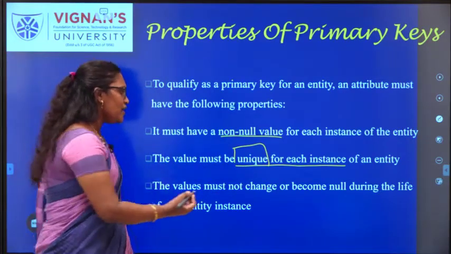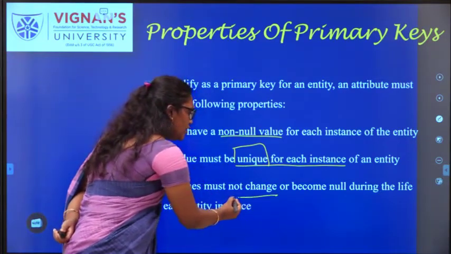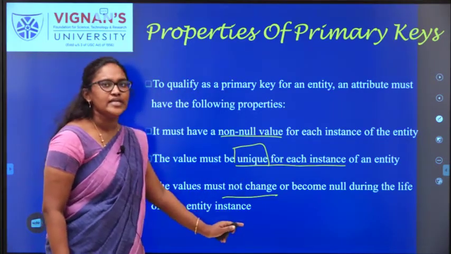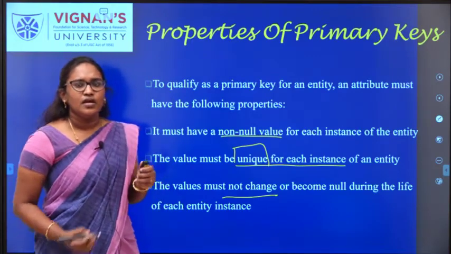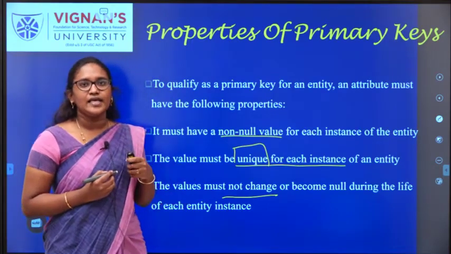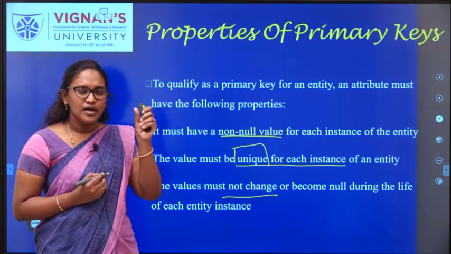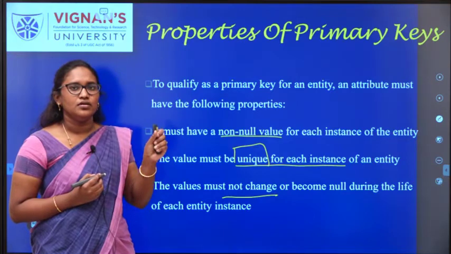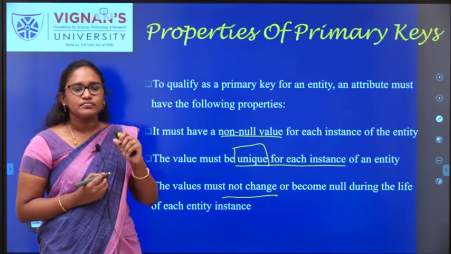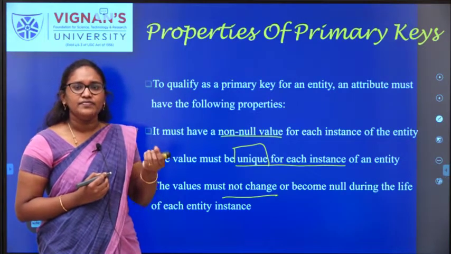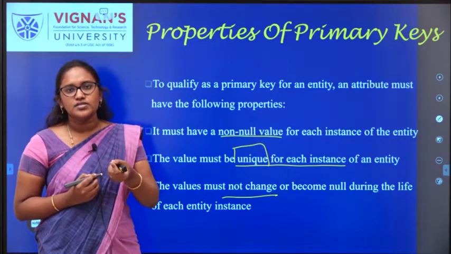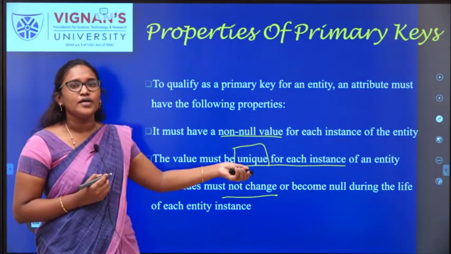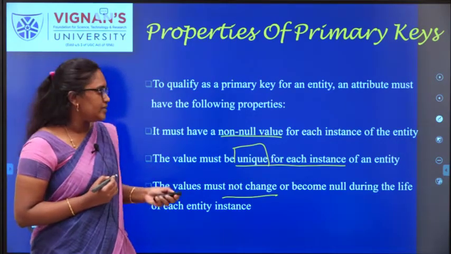Next, the value must not change or become null during the life of each entity's existence. That means when you start writing the table, the primary key value is, for suppose, 10. Over a period of time, if that 10 value changes to 0, then we say the primary key is not applicable for such entities.